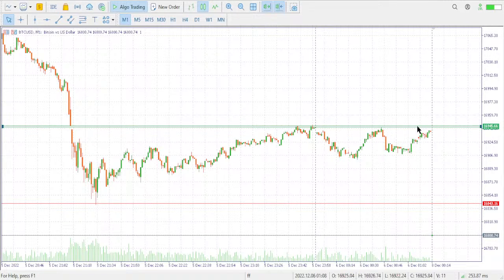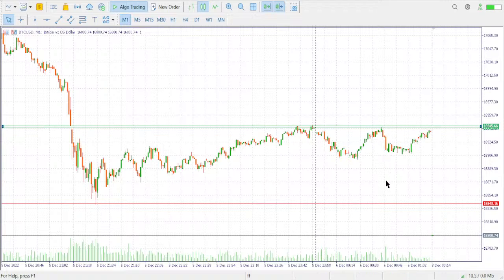I'm not saying you sell just because we have a line here, but we are selling because this level has been used not once, not 2 times, but 3 times. That's when you look for a sell. This is an example of a resistance horizontal level.